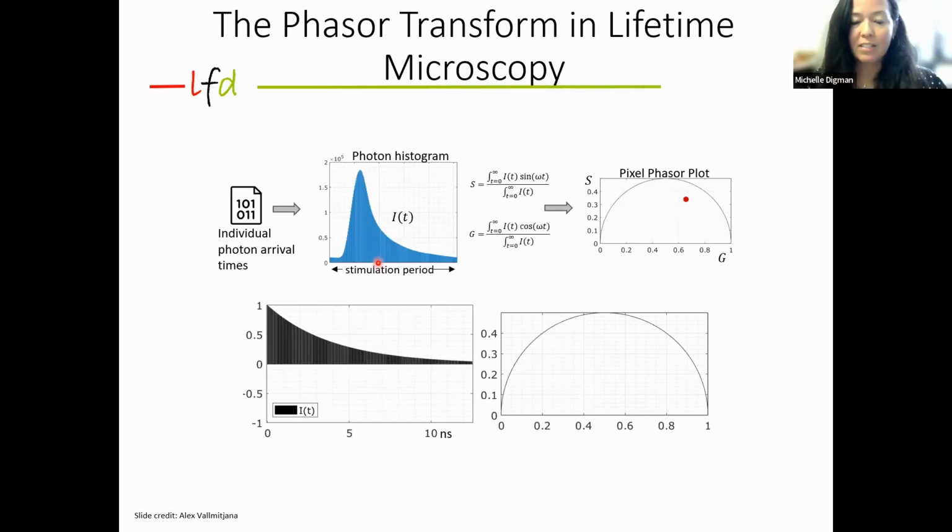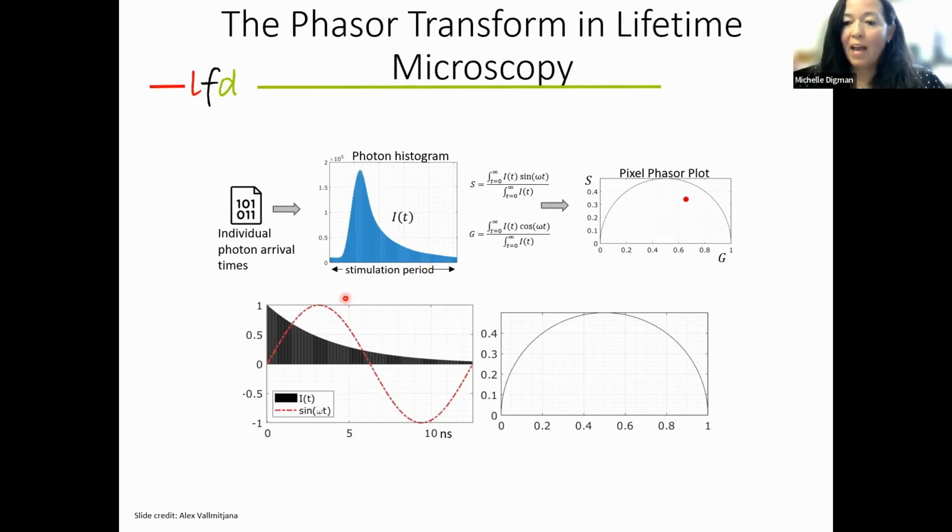But if you're interested on how this actually works, let's say that you collect a photon histogram. This would be the raw data that is collected on your imaging system. We have this sine wave here. This is this red wave.